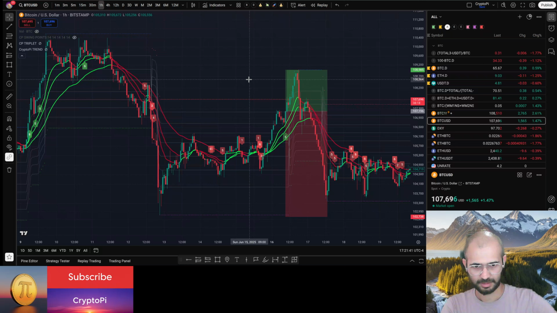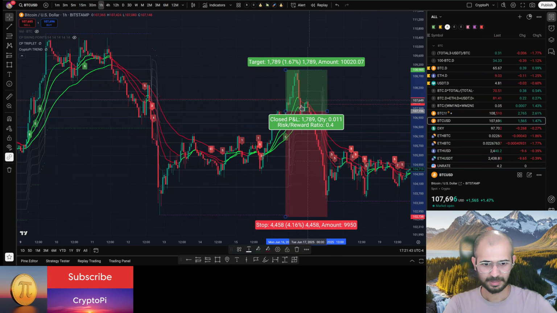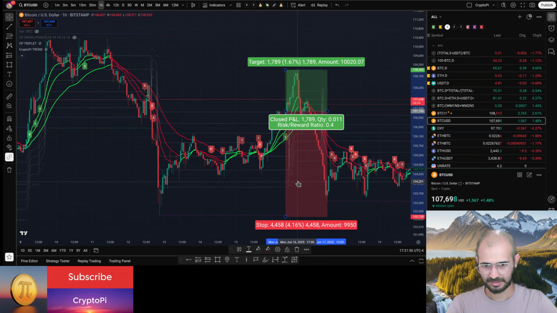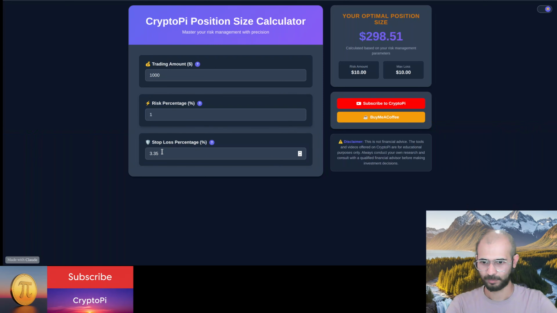So if it is not able to cross it, it's quite likely that if I do not end the trade before it reaches my stop loss, I would lose my $10. In this case, my position size will be computed based on the stop loss, which is far by 4.16%, and my position size is $240.